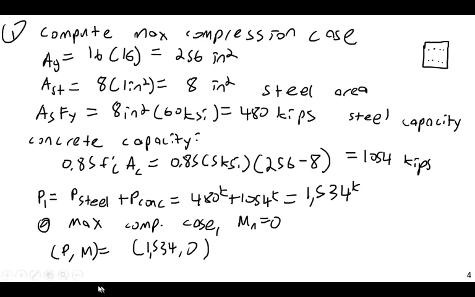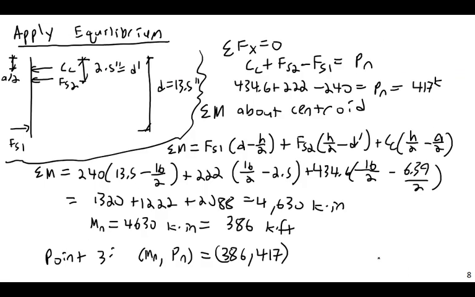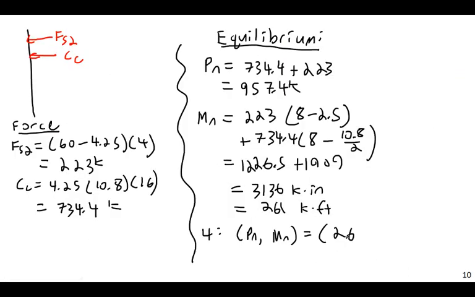I just have this little backwards, so it should be Mn, comma Pn. Sorry about that. 0, comma 1534. If I'm being consistent with my ordered pairs, I should probably adjust those. Okay, so then that will come to 261, again Mn, comma Pn. Sorry about that little typo.